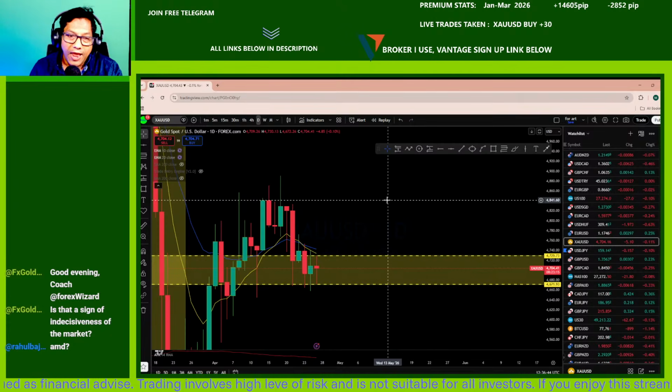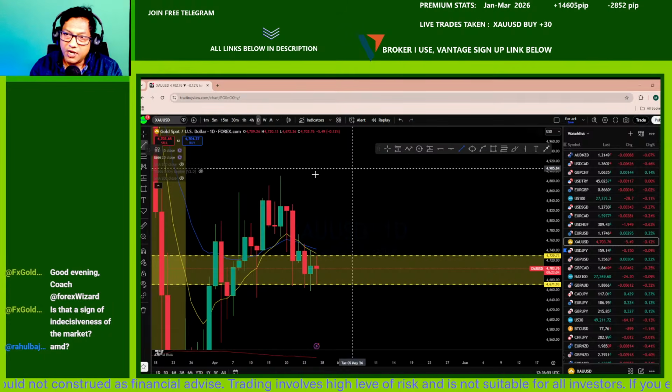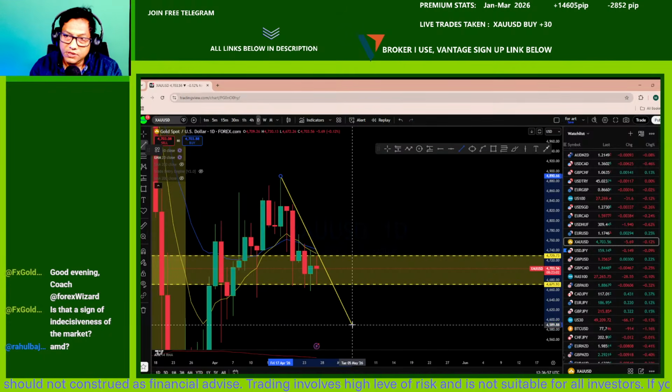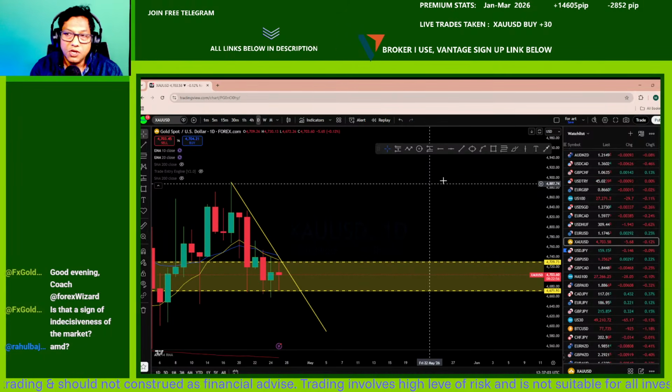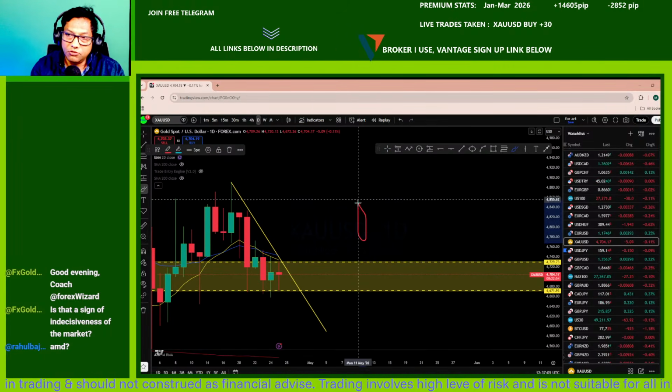Then there are confluences such as technical, the trend that you look at. This is a trending market, so we are looking at sell. The other confluence that traders use is the fundamental, right?